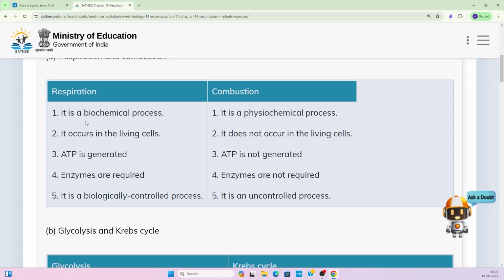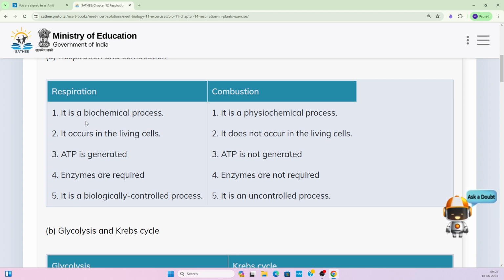Enzymes are required in the respiration process. There are so many enzymes responsible for cellular respiration, whereas in combustion no enzymes are required.